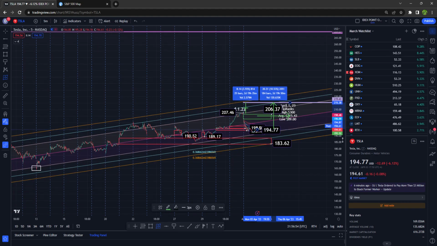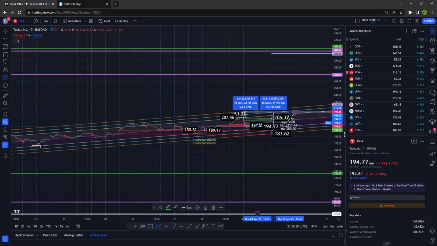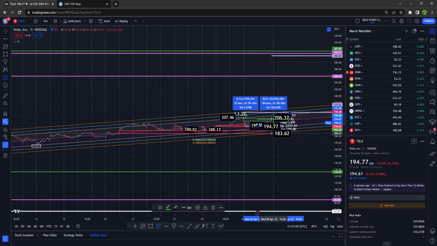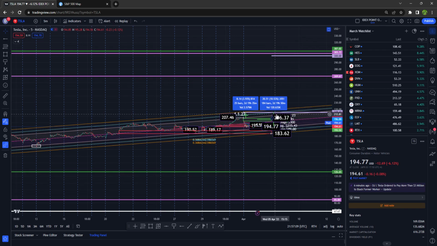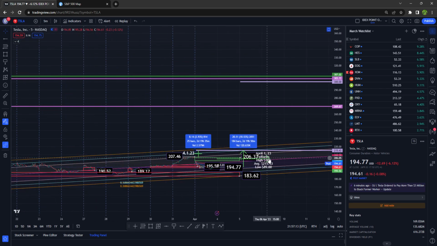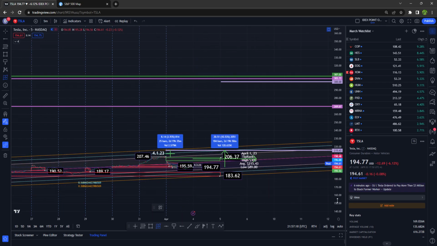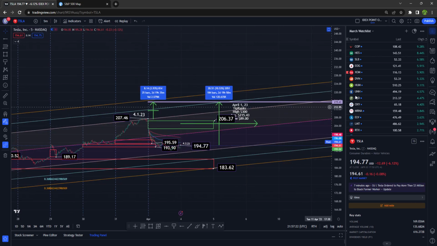If we should make it to $300, ignore that line right here. That's an old price target. $300 right here. That would take us to, whoops, let me delete that. Make this a little bit bigger first.